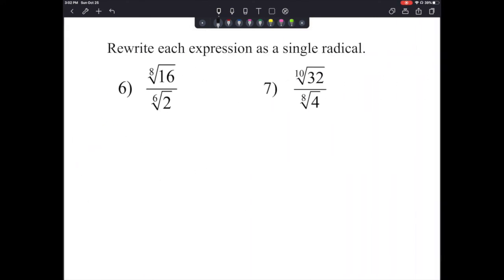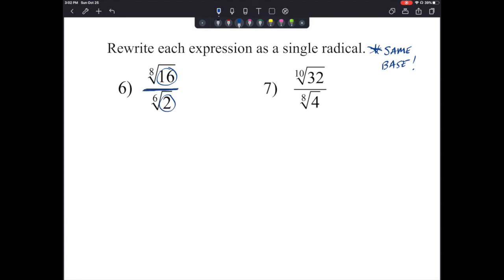Last two, rewrite each expression as a single radical one more time. With this one, our key here is I think we want to end up with the same bases. So we've got a 16, we've got a 2, and then remember we're dividing here.